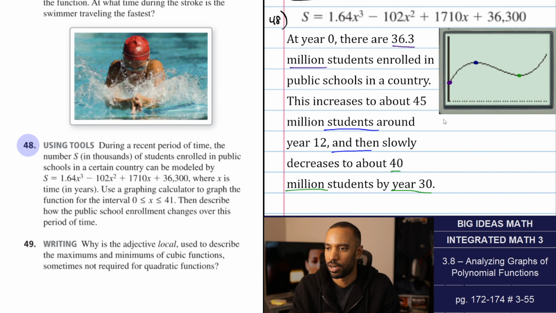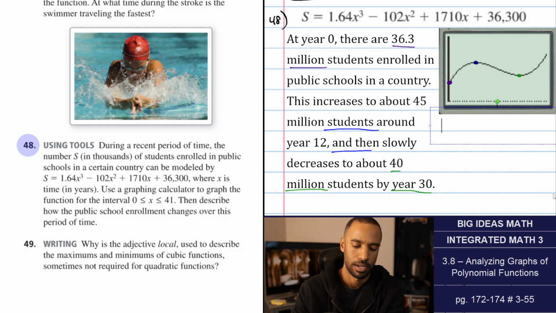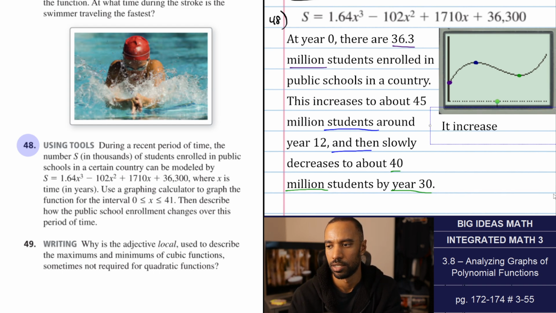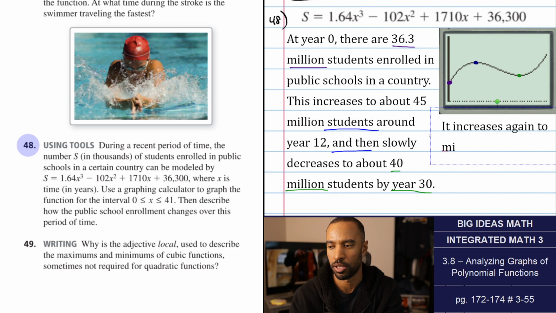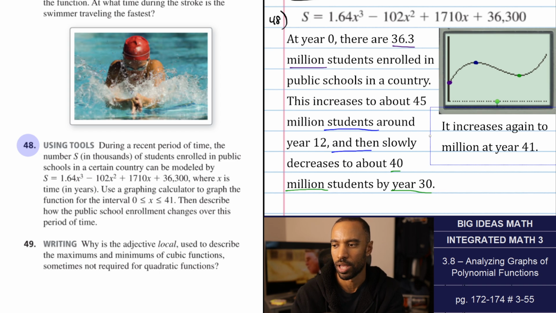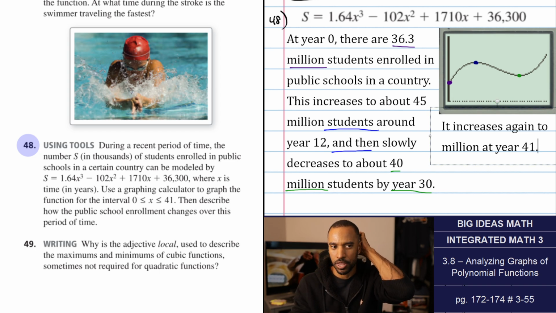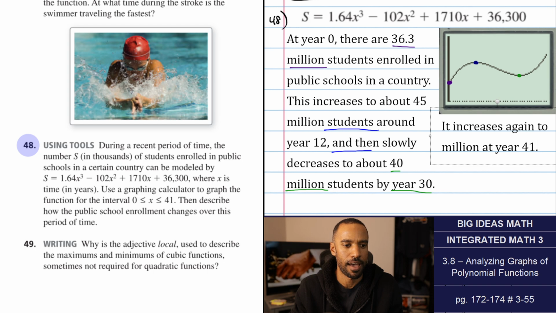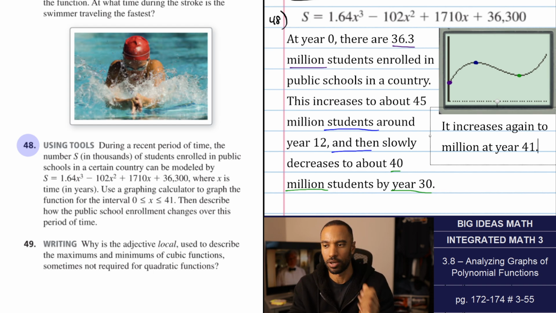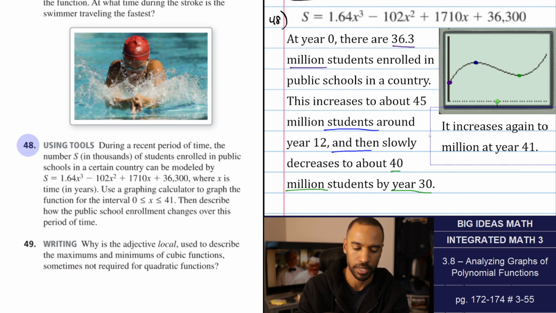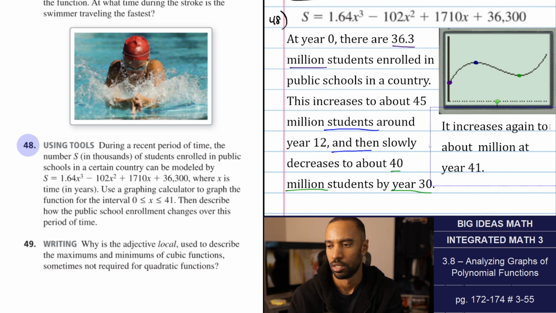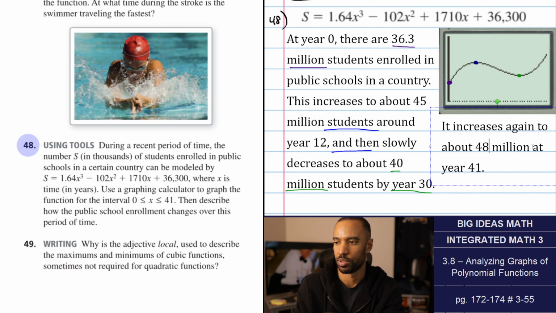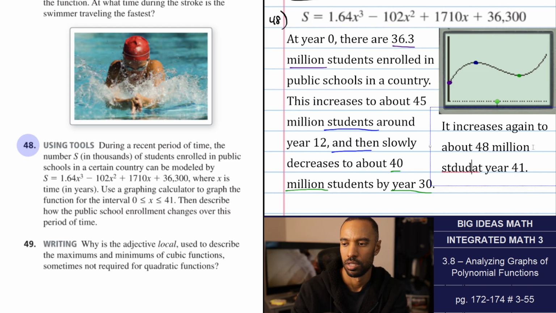Okay, so right here, it increases again to something million. I'll say million by year 41. So let's see where it finishes up at there. I'm going to find the value when X is 41. 47.9, increases to about 48 million. 48 million students at year 41.